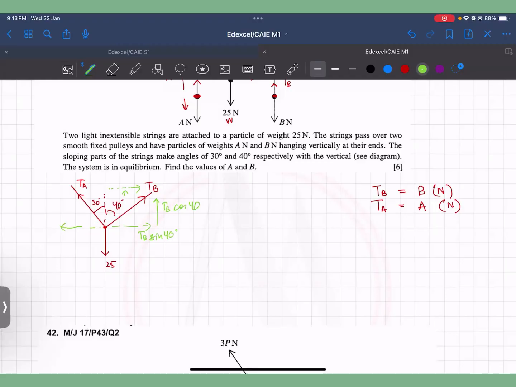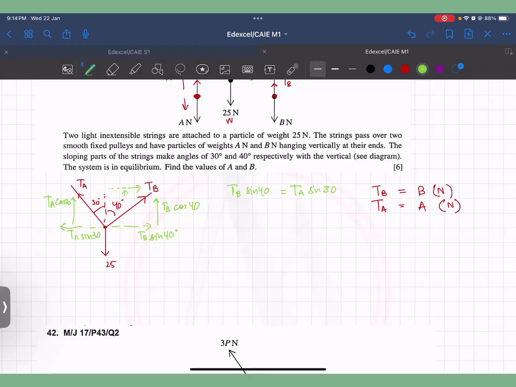Similarly, this would be TA sine 30 and TA cos 30. Now we make the two equations. For the horizontal ones, the left is equal to the right. So right is TB sine 40 and left is TA sine 30. This is your first equation.